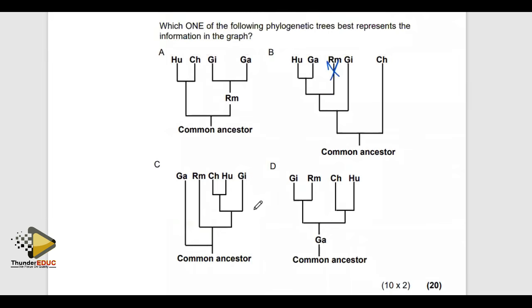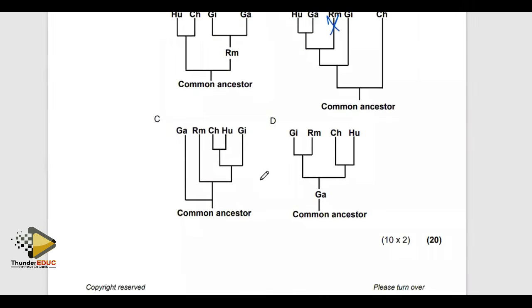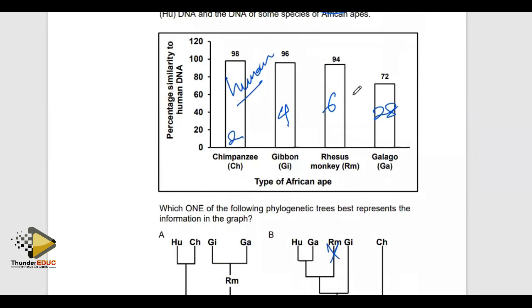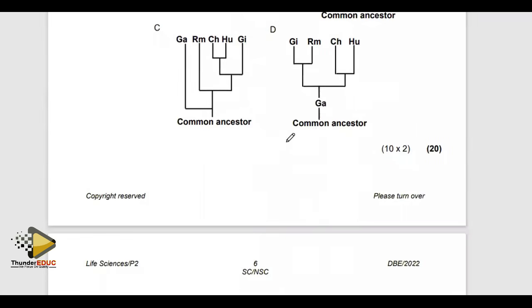The gibbon diverged before the chimpanzee diverged from human. And then the rhesus monkey, because it is 6%, was the first to separate before the gibbon.